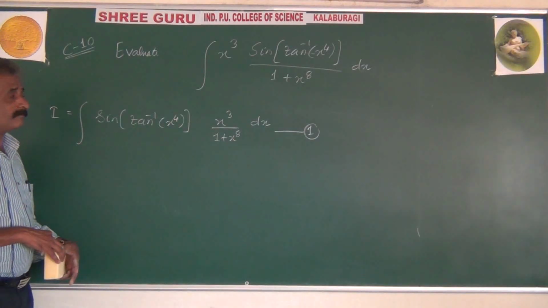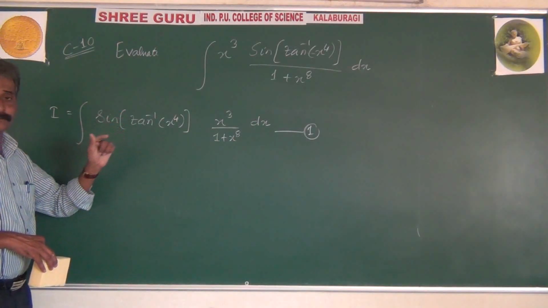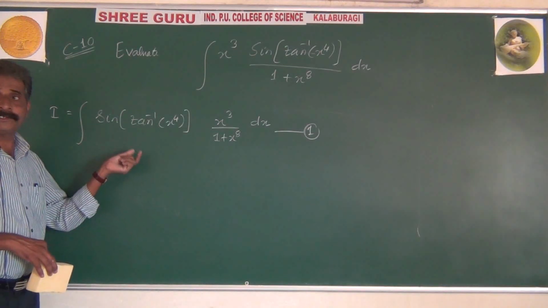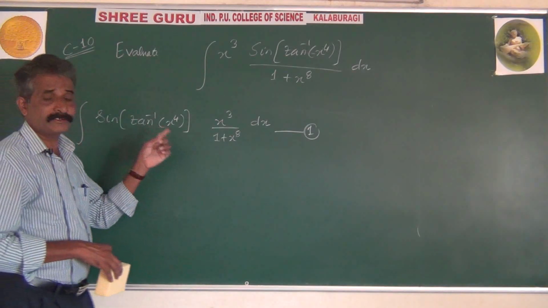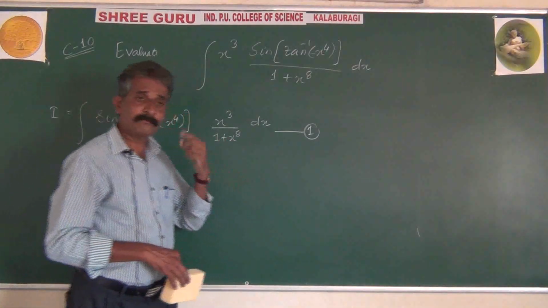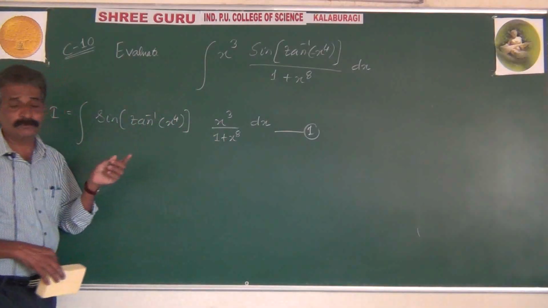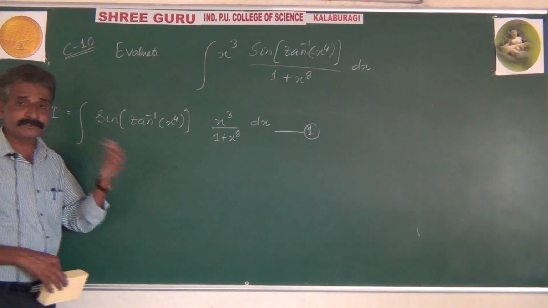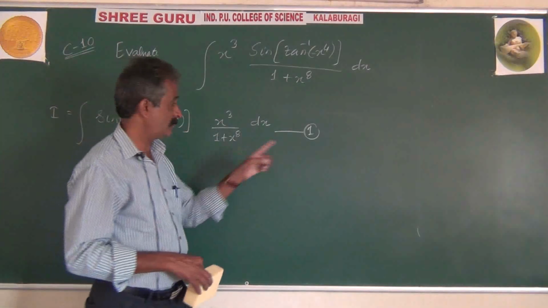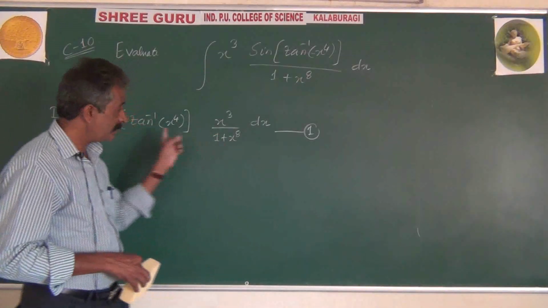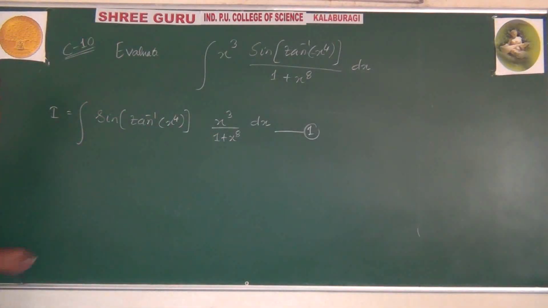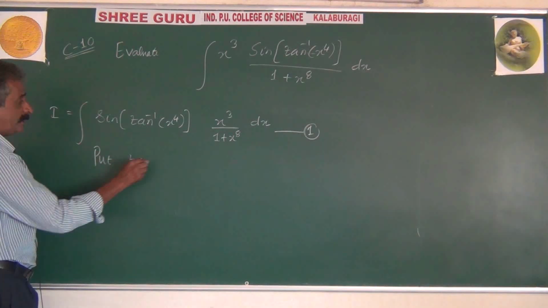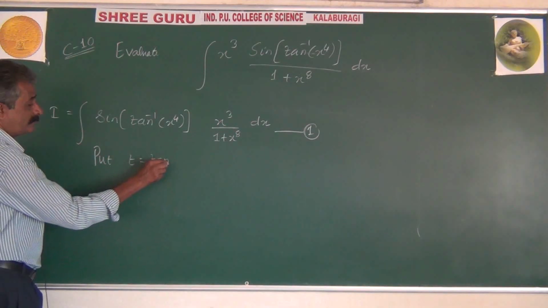Ideal substitution is the entire tan inverse of x power 4, because when we differentiate tan inverse x power 4, what is the answer? 1 by 1 plus x power 4 whole square, means 1 by 1 plus x power 8, into differentiation of x power 4, which is 4x cube. So all this expression can be got. So we shall put t equal to tan inverse of x power 4.